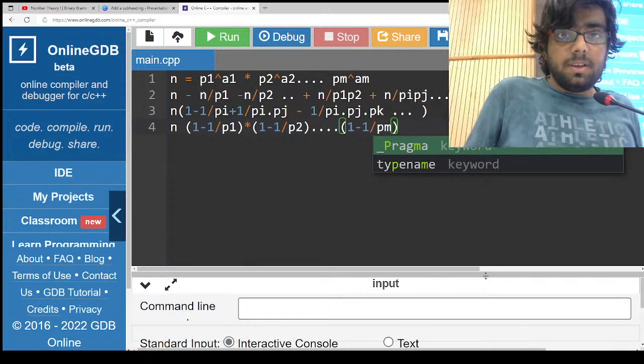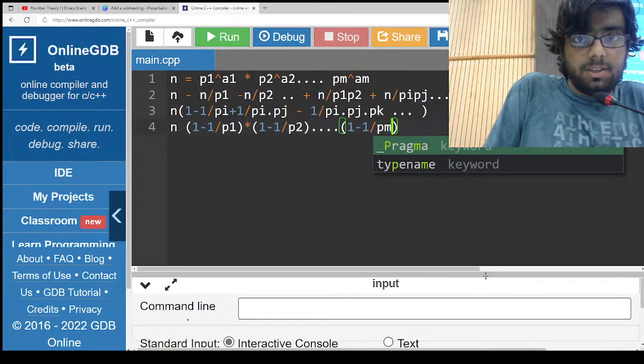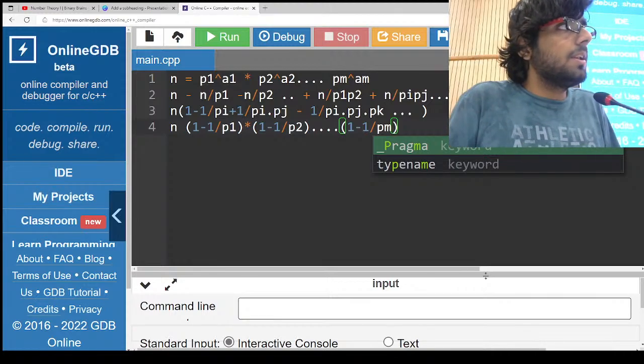So yeah, that's how we find the Euler totient function of any number n.